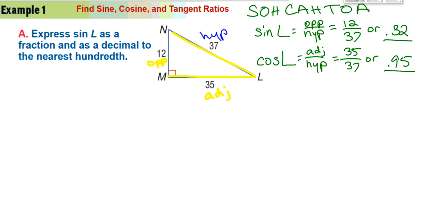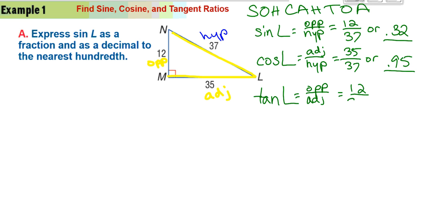Then the last one for angle L is the tangent of L is equal to, and when we look right here, tangent is opposite over adjacent, so we will write OPP over ADJ, opposite over adjacent. And so then in this way that this is configured, the opposite side is 12.